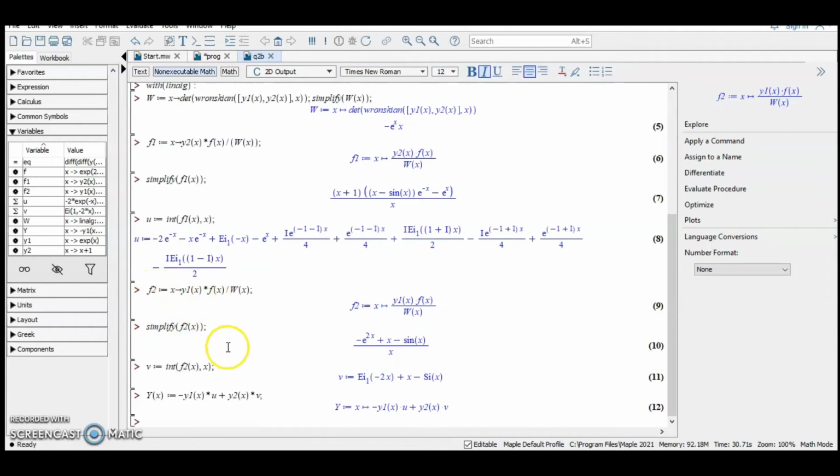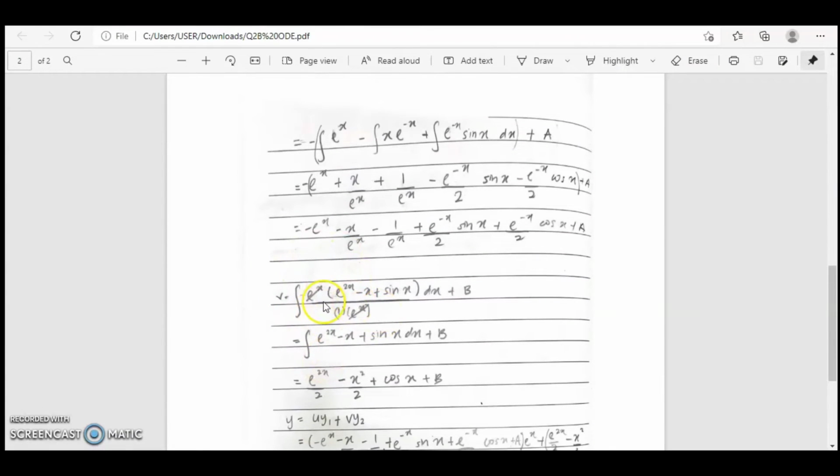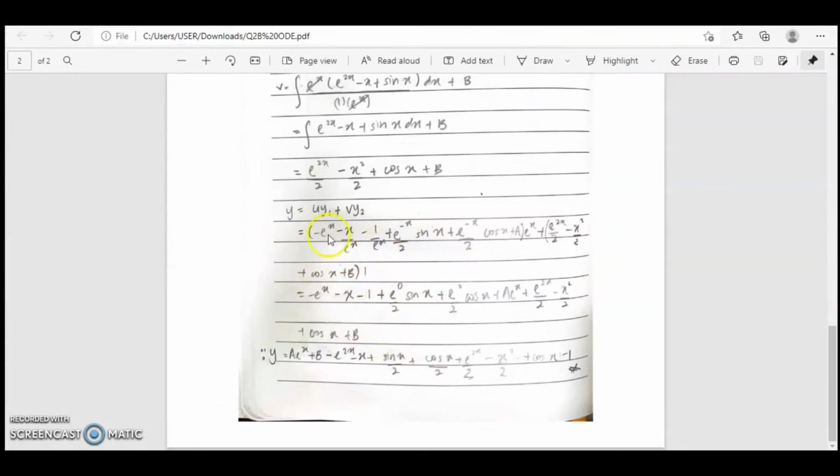The same for f2: I put f2 here, simplify it, and then integrate f2. Then this is the result for y of x: negative y1 of x multiplied with u plus y2 of x multiplied with v. And this is my result for the whole equation for question 2b.